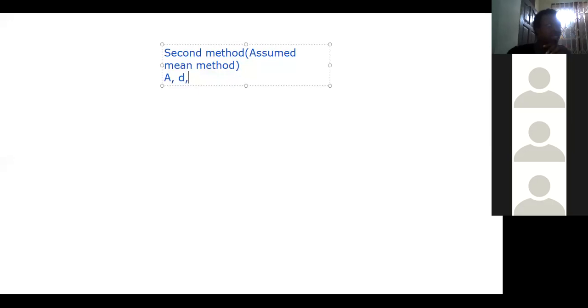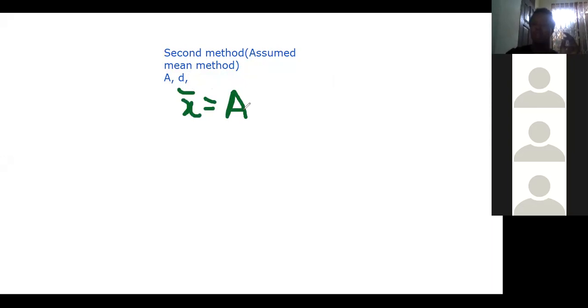Now, when we have these two things, there's a formula we use to calculate our mean. Our mean will be equal to the assumed mean, which the question will give us. If the question doesn't give it, you can pick any of the middle numbers of the class midpoints.